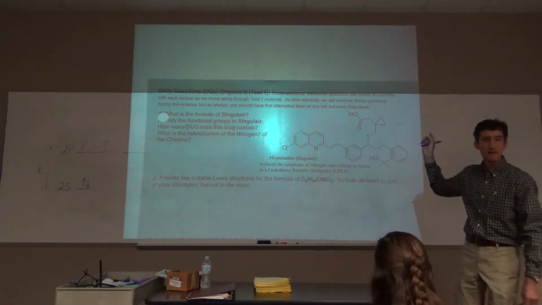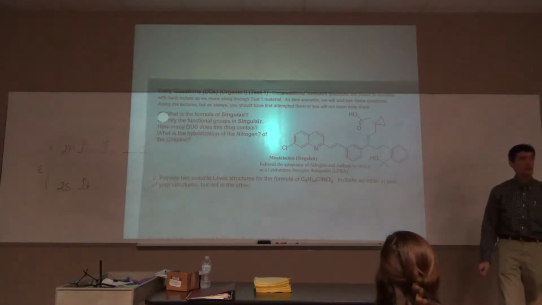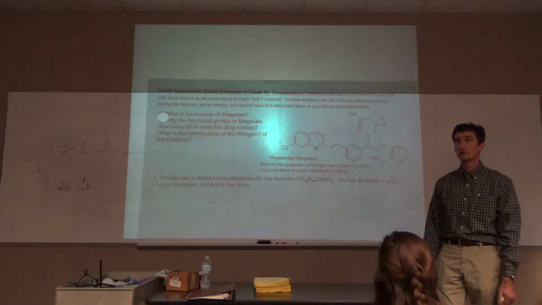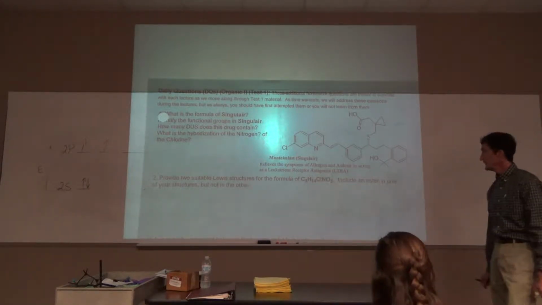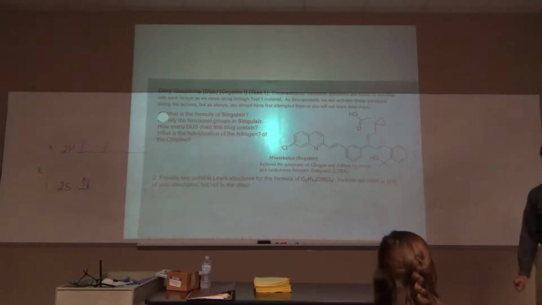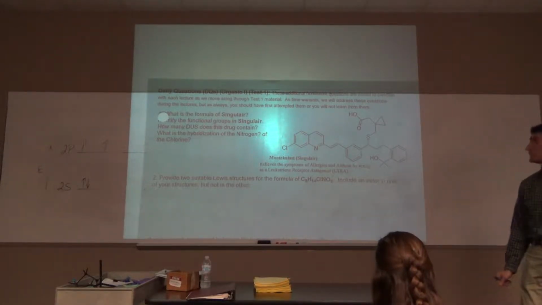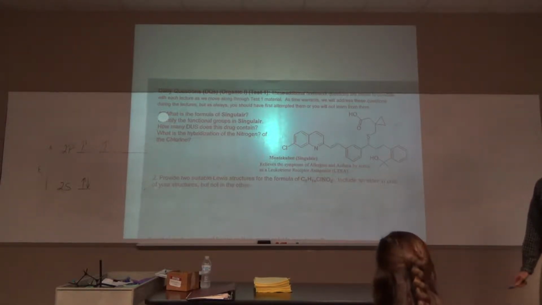Got to get used to these line bond structures. 35. How many hydrogens? Okay, 35 carbons, 36 hydrogens, yeah? How many nitrogens? How many oxygens? Sulfur, 1. Chlorine, 1, yeah? Put them together, you got singular.